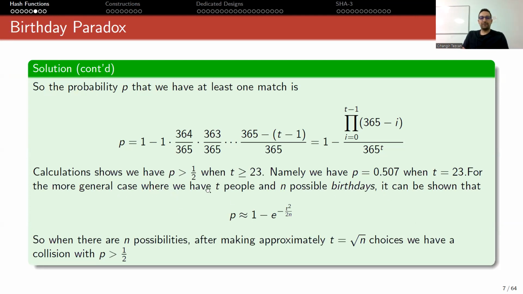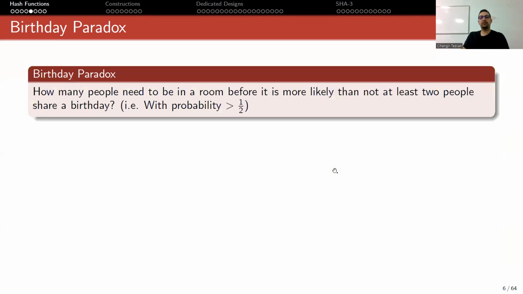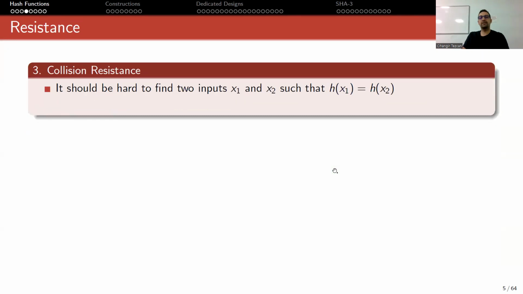For the more general case where we have T people and n possible birthdays, it can be shown that this probability equals approximately 1 minus this value. So when there are n possibilities, after making approximately T equals the square root of n choices, we have a collision. By collision, we mean they share their birthdays. If we go back to our collision resistance, here the output size is n bits.